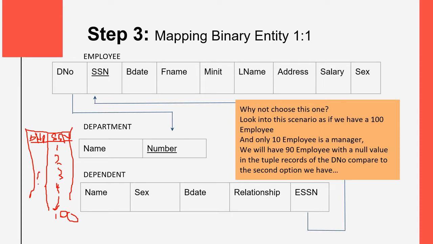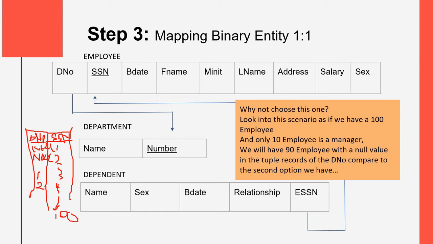Employee 4 is a manager at department 2. But this employee is not a manager, so this will be null. Sorry, I use a mouse so it's quite challenging here. So it will be null.